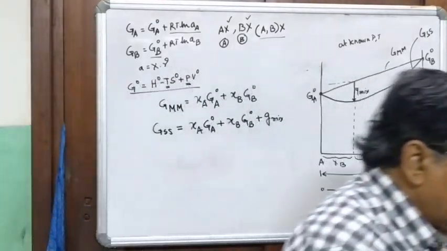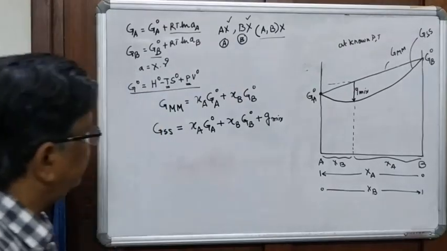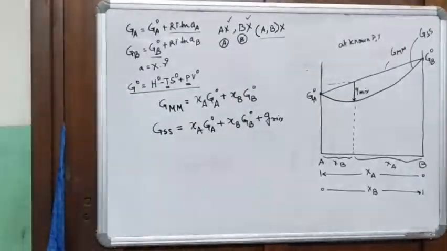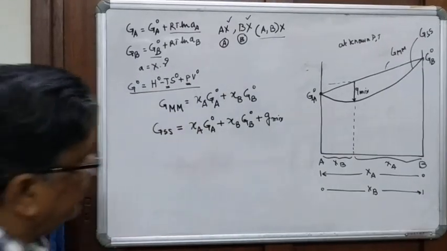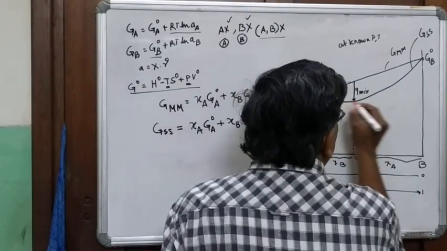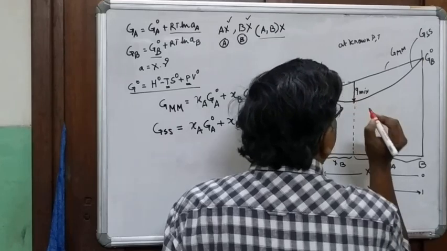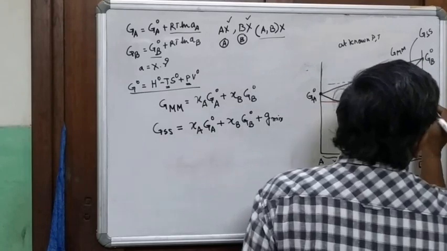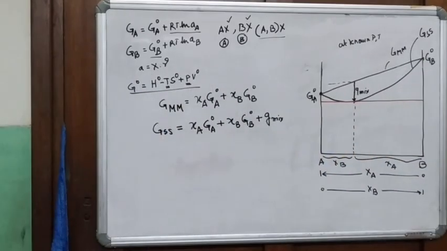But the G solid solution can also be written in another way. What is the way? Here, let me draw it. I take this point and draw a tangent to it. Have you understood? I draw a tangent to it at this point.